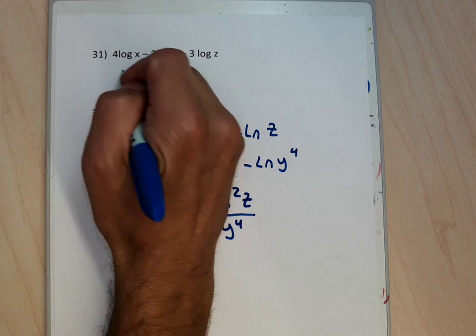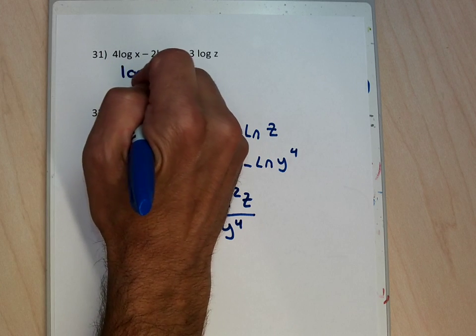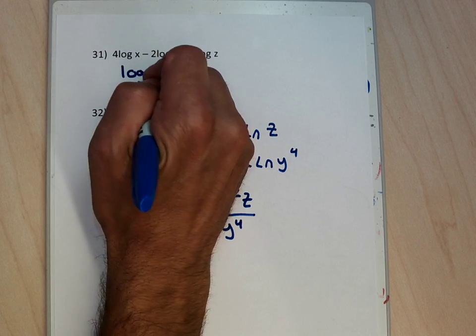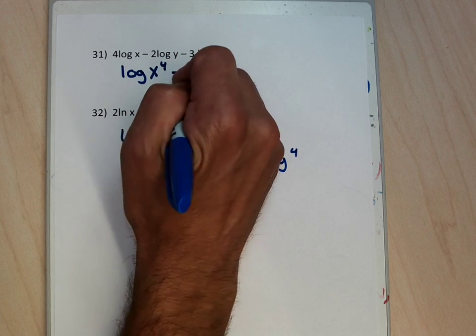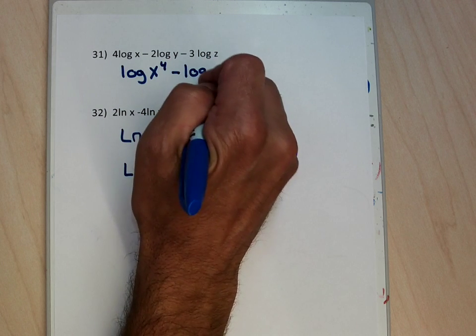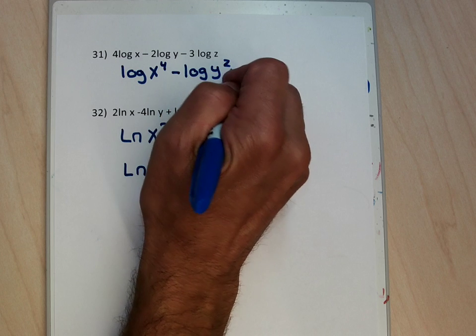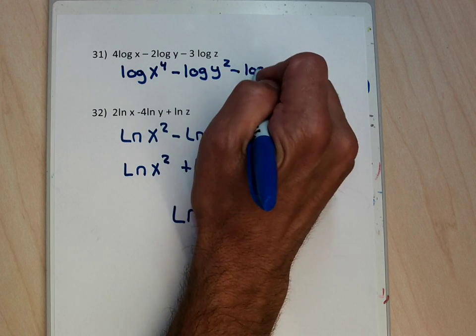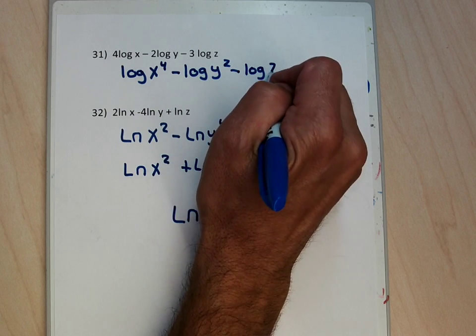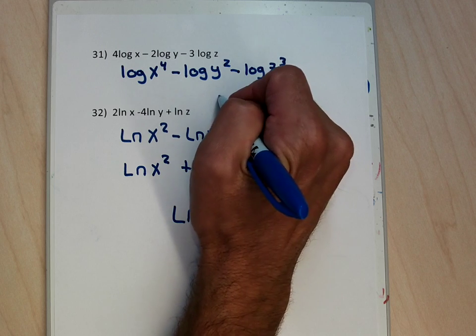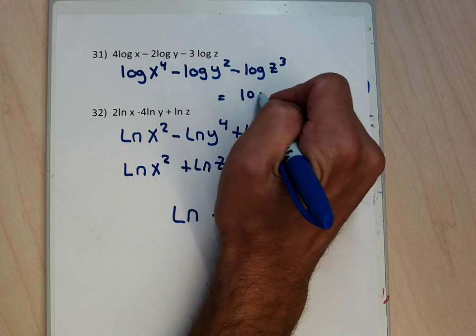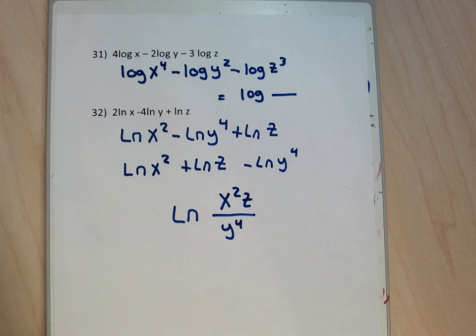For problem 31, you'd start off by making this a log base 10 of x to the 4th minus the log base 10 of y squared minus the log base 10 of z cubed. When you go to write this as 1 logarithm, there's no rewriting you could do like I did to make it pluses first and minuses second.